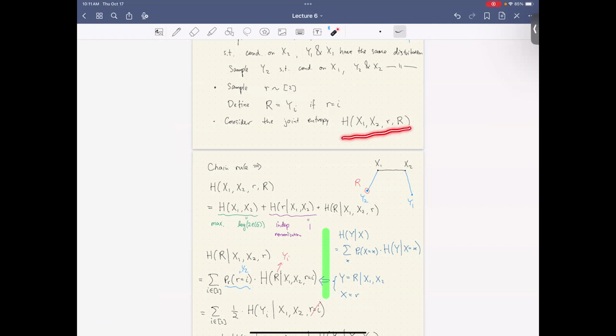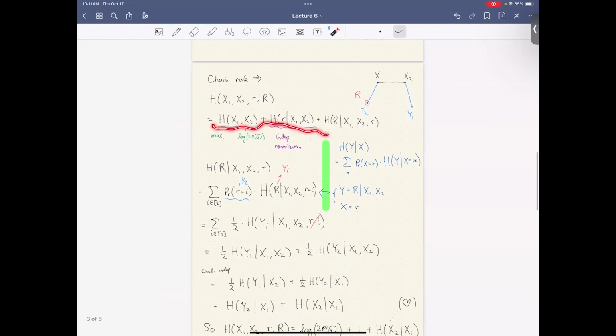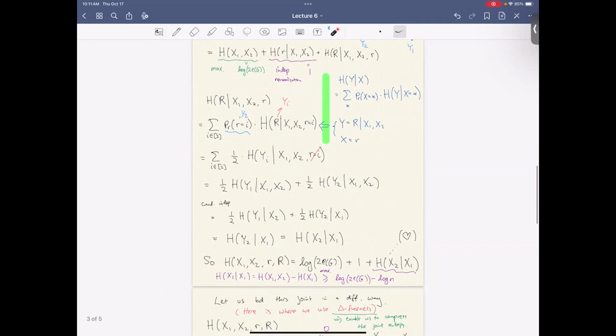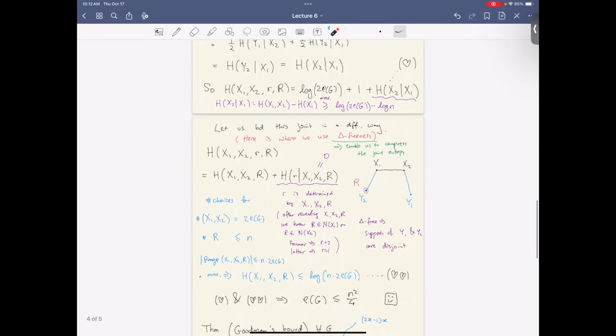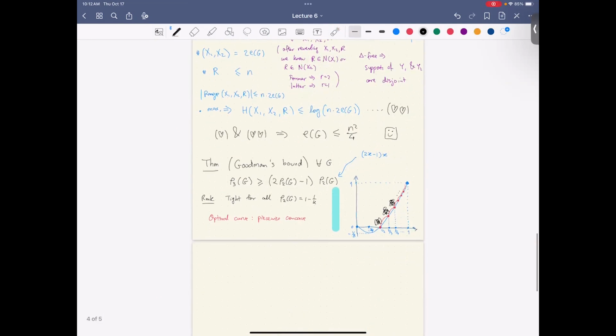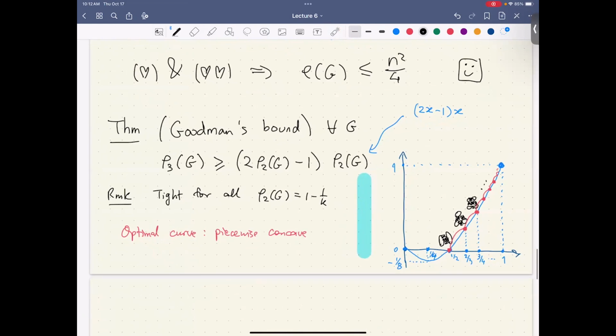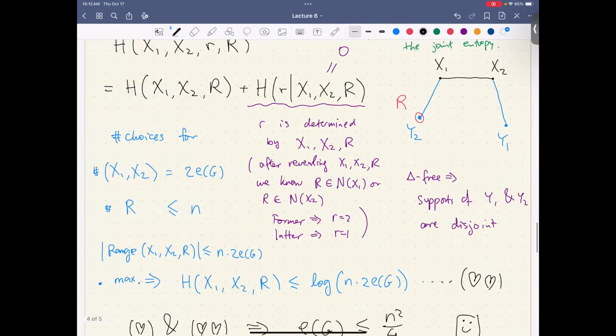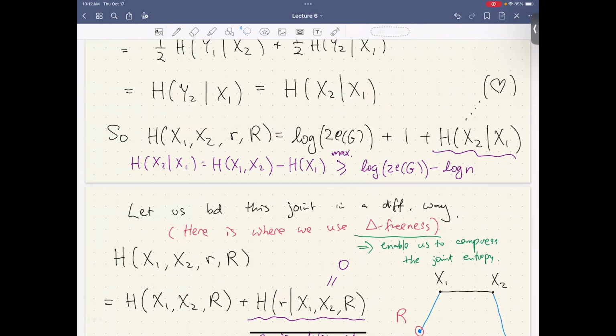We're going to analyze the joint entropy. In the first part, with the chain rule, we break it down and get exactly the same bound. Okay, so let me write down this bound, continuing as before.